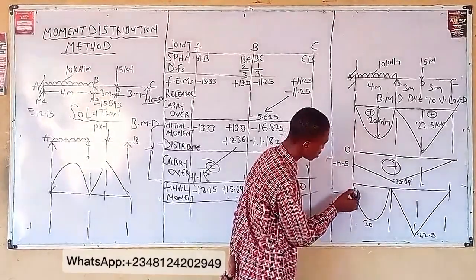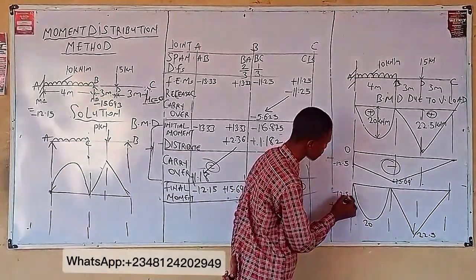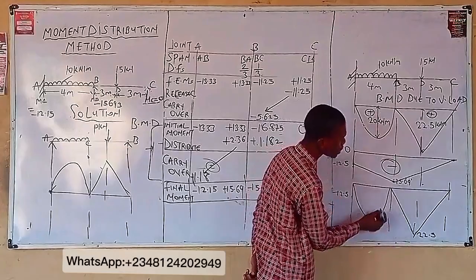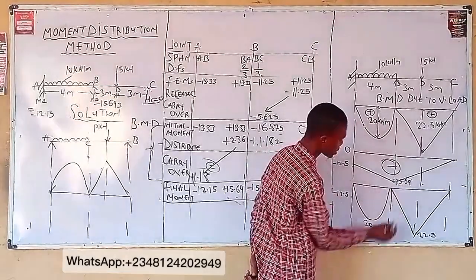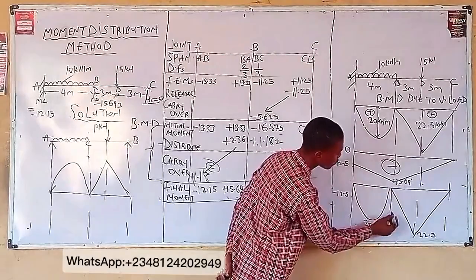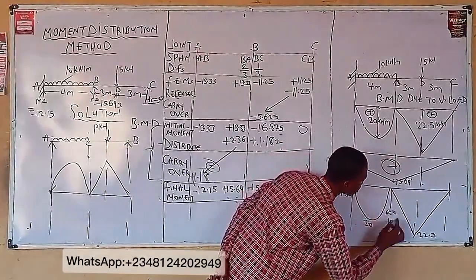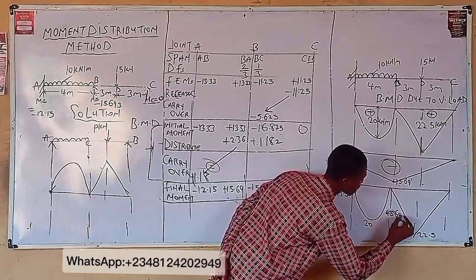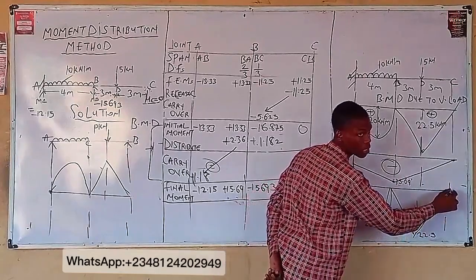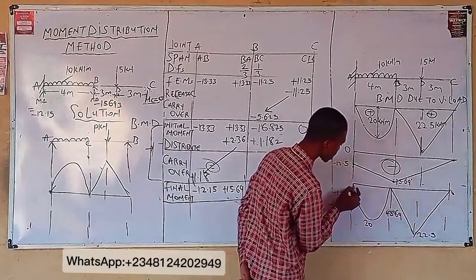Do you agree with me? So let's say this is 12.15. Then for B, what's the value here? 15.69. You know, this is 20, 15.69 will be somewhere here. Let's say this is 15.69. Then lastly, what's the value here? 0. Now join this line together.